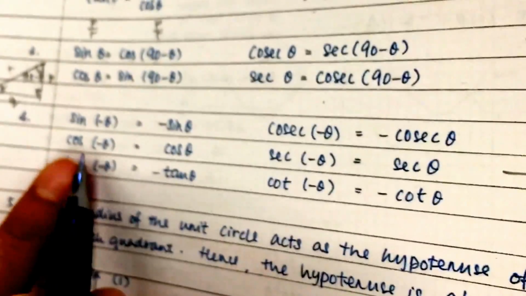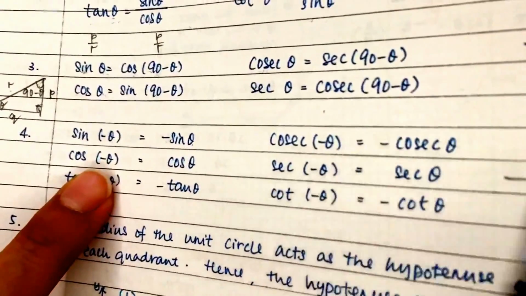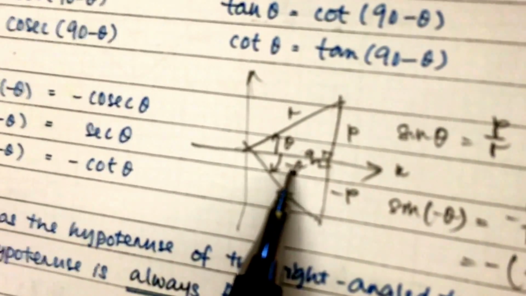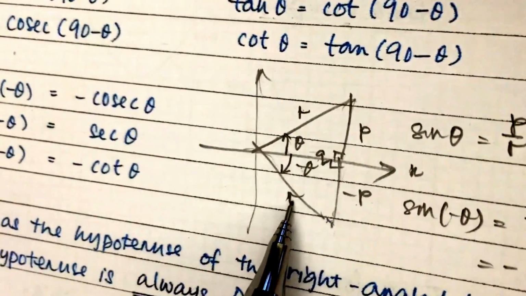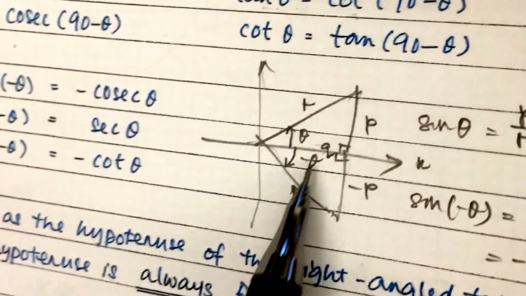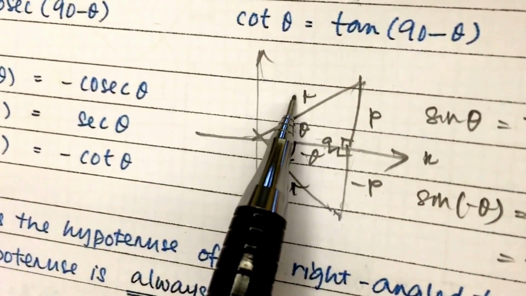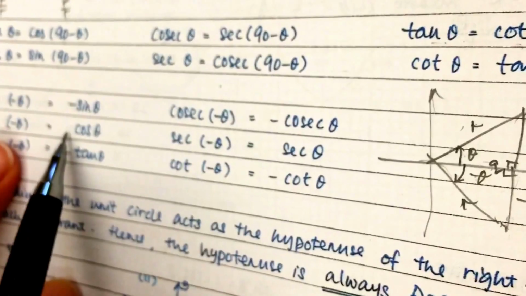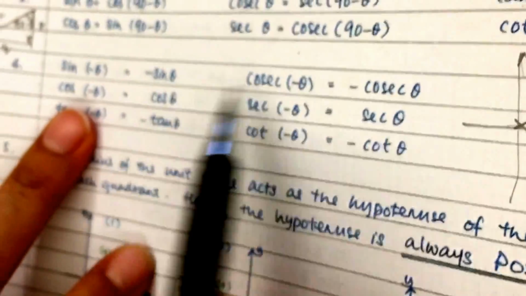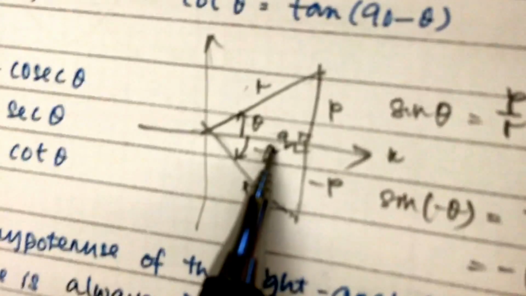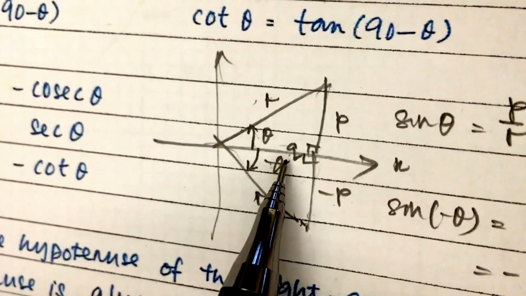Now, how about cos of negative theta? Is it the same thing? Cos of negative theta, looking here, is adjacent Q over R. It's the same as cos theta, which is Q over R, right? So do I need the negative? No, right? I take the same Q. So I don't need the negative.